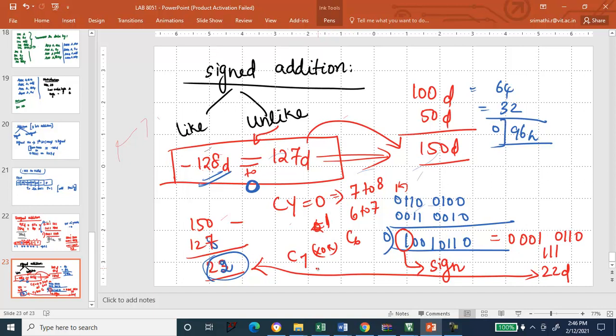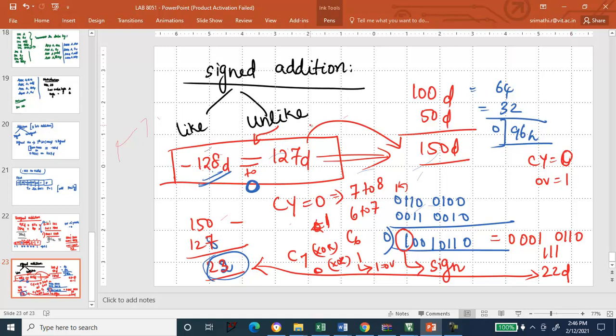You have no carry from 7th to 8th, and you have a carry from C6. If you use XOR, the result will be 1, which is nothing but your overflow flag. So now your carry flag is 0 and your overflow flag is 1.